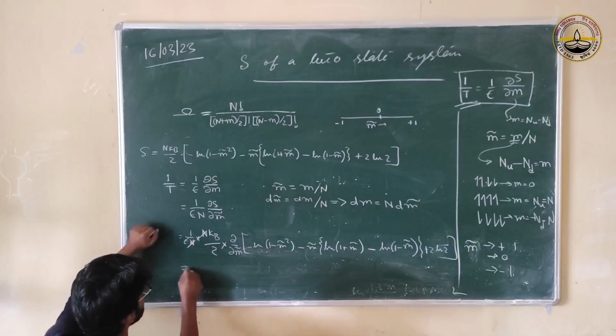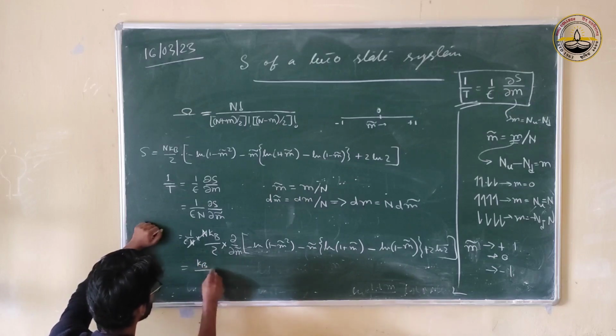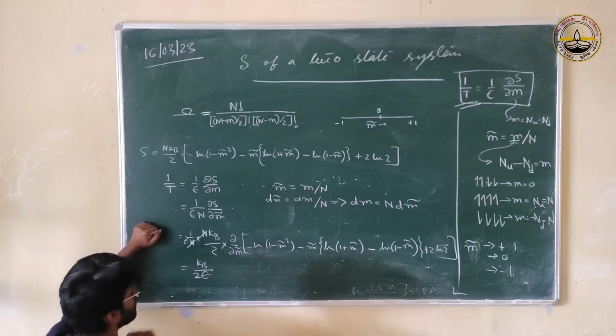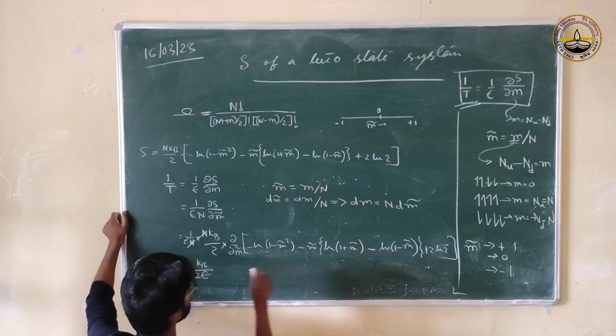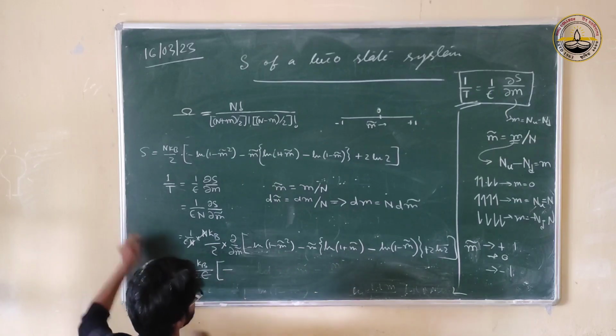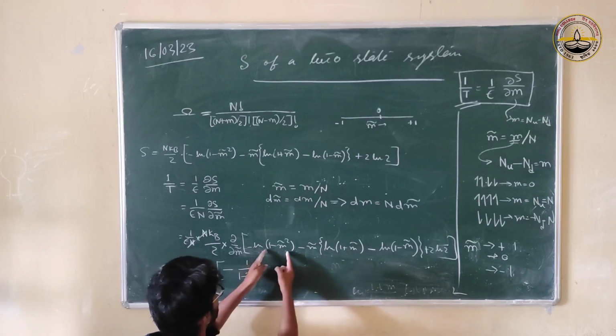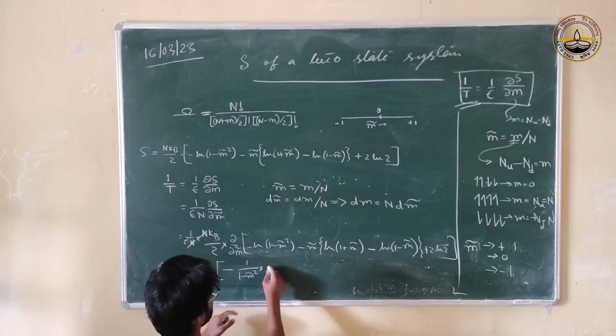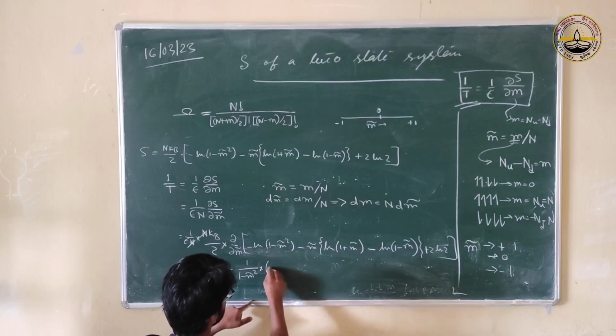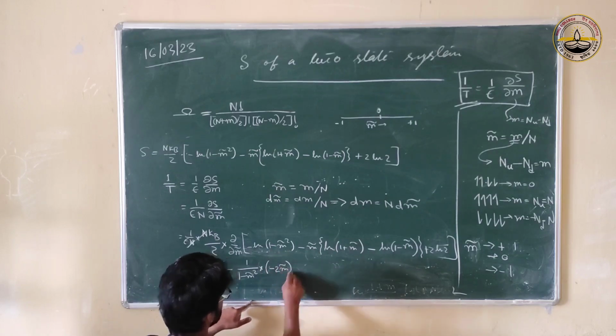The n gets cancelled out, so this becomes Kb over 2 epsilon. Let's take the derivative. So minus, derivative of log is 1 over the argument, and then the derivative of this argument, so that becomes 0 minus 2m tilde.